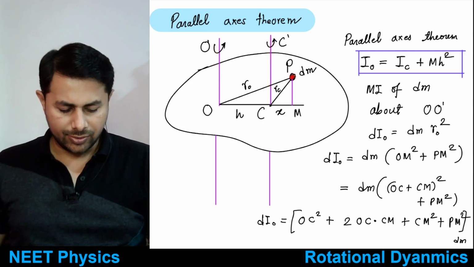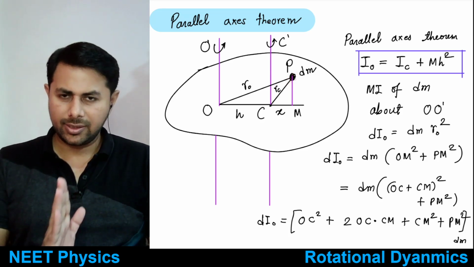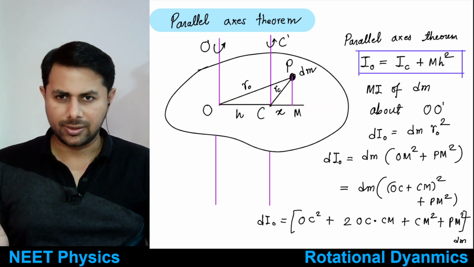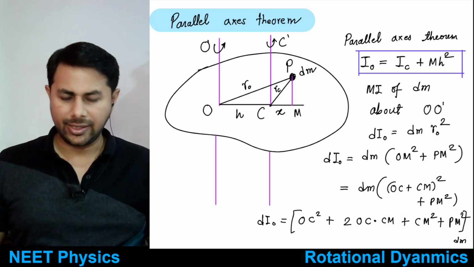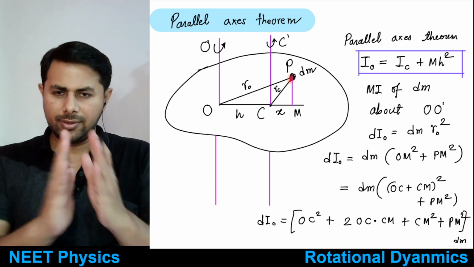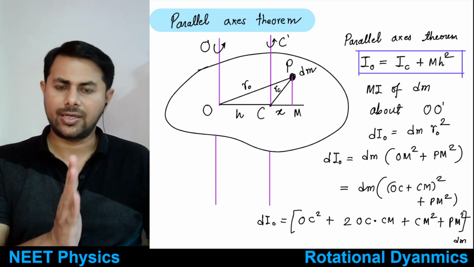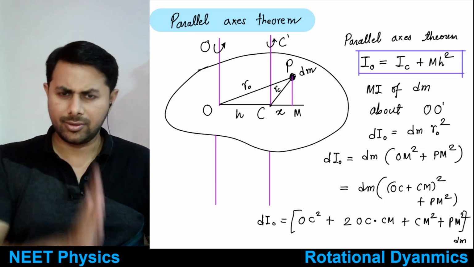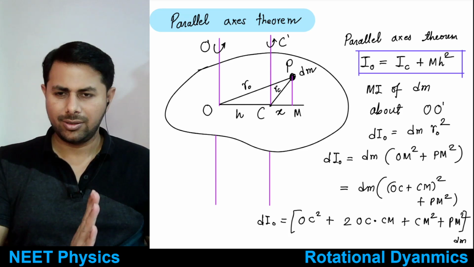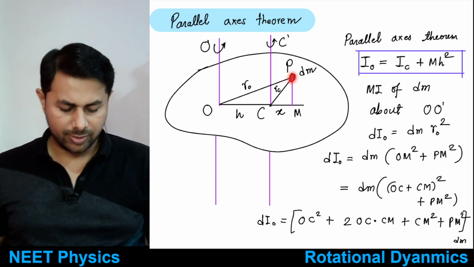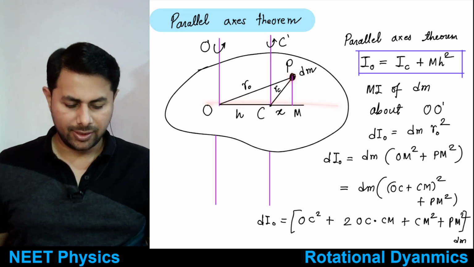Suppose you call it the x-axis. Now this mass is distributed a little bit towards the right of the center of mass, right? Is this thing clear?